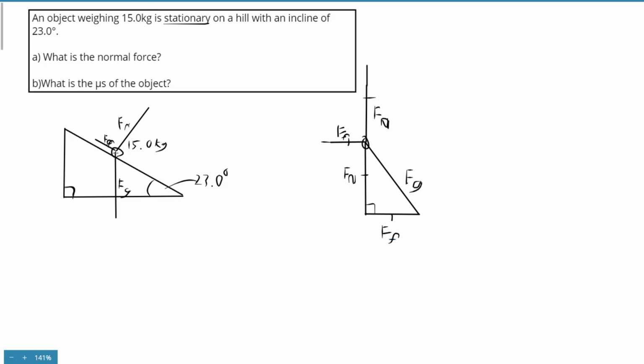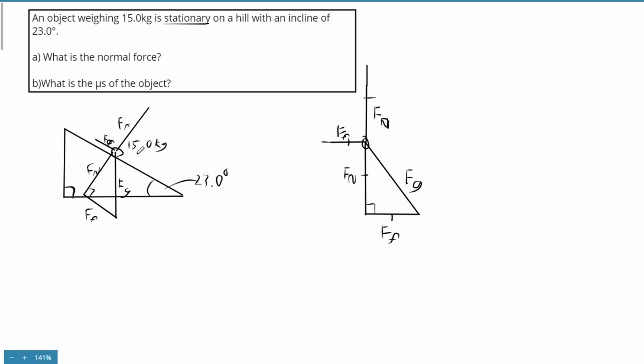Now let's draw that on our first diagram. It will look something like this. The triangle is to the side, with variables. This is Fn. This is Ff.